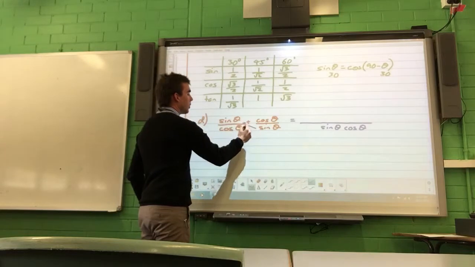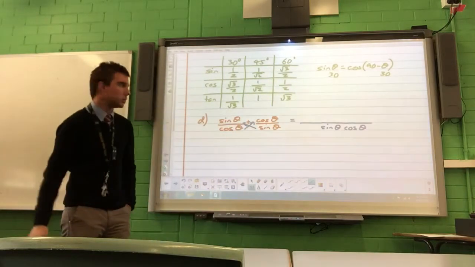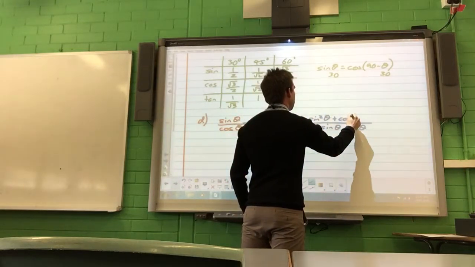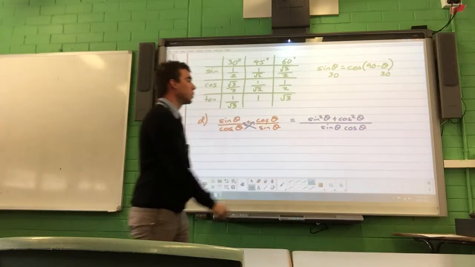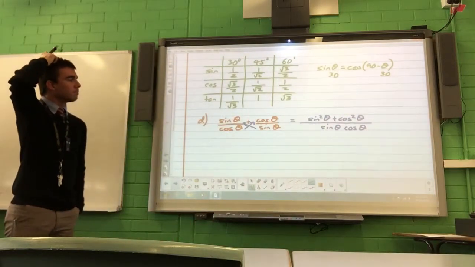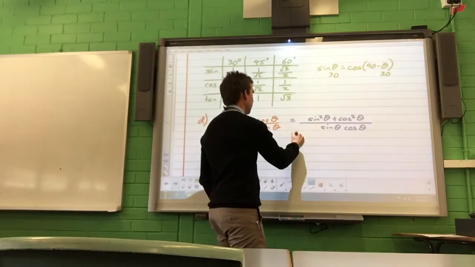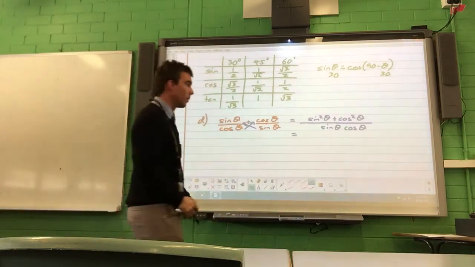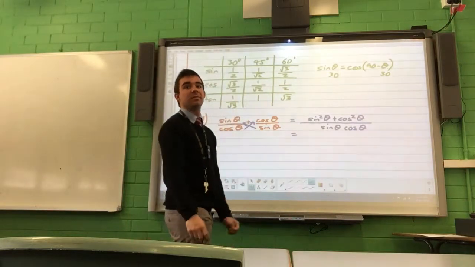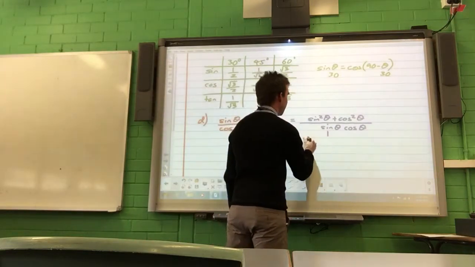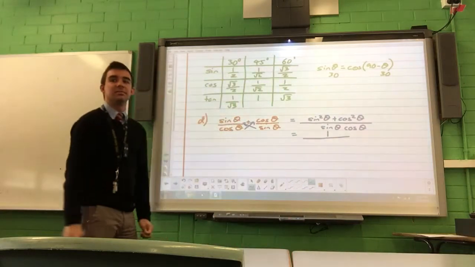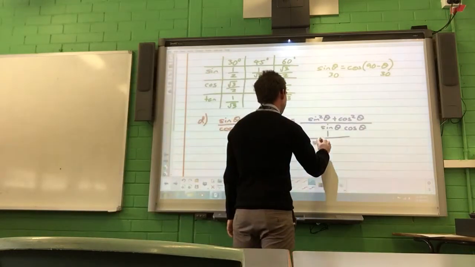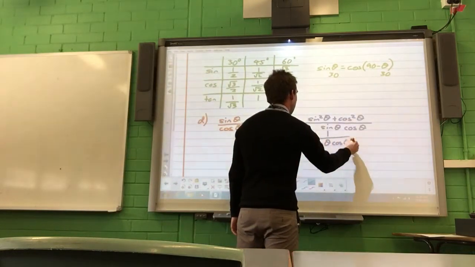Then you go through the process of multiplying across, so it equals sine squared theta plus cos squared theta all over sine theta cos theta. What was sine squared plus cos squared? From your identity, 1, over sine theta cos theta.